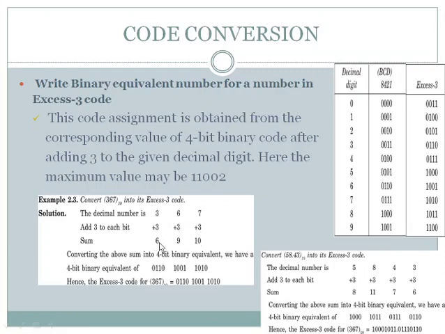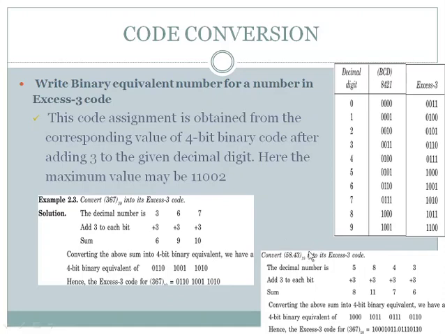Replace each with its 4-bit binary equivalent, and this combined number becomes the XS3 code for the decimal number 367. This way we can easily get the right XS3 code for the given decimal number.